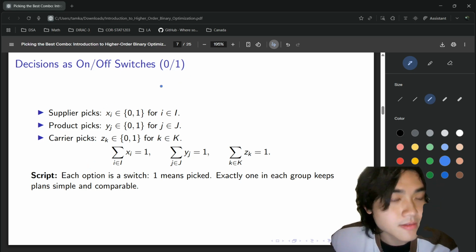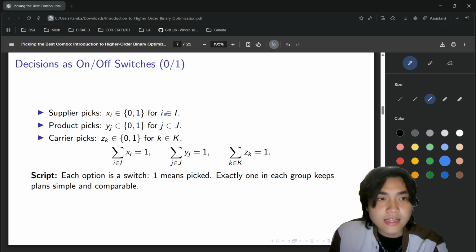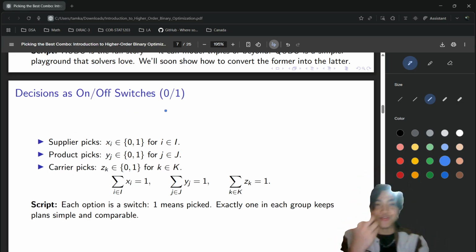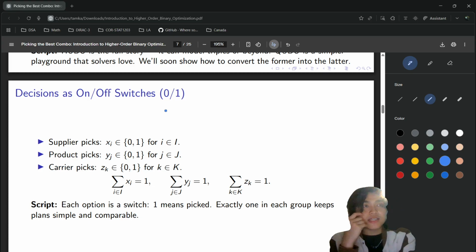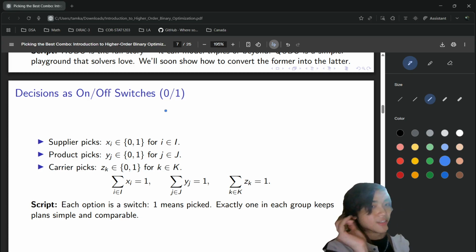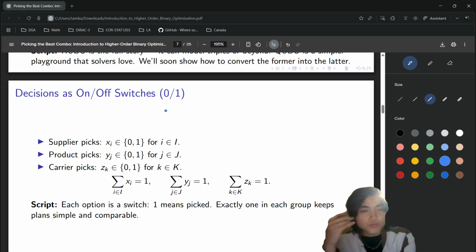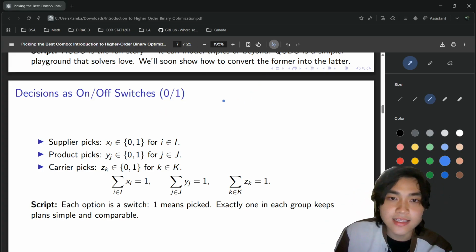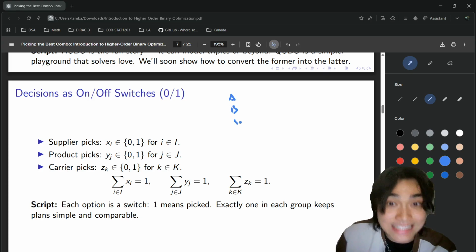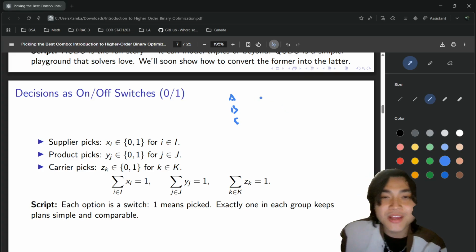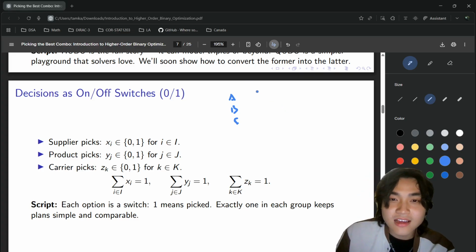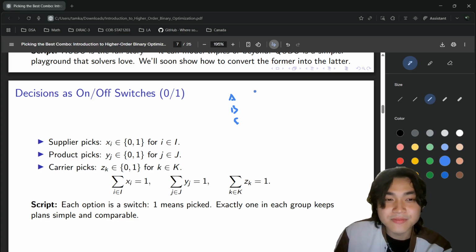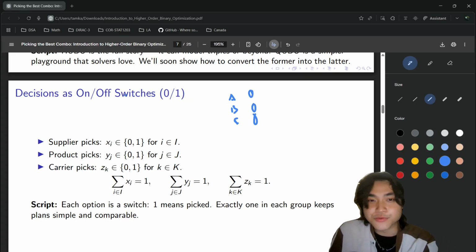Alright, so now on and off switch. Now we are talking about binaries. So like I mentioned just now, each decision variable can only be 0 or 1. So what this means is that across the entire data set, say I have supplier A, B, and C. If I'm a solver, sometimes I might be tempted to just say, oh, I don't want to choose any of them. 0, 0, 0.